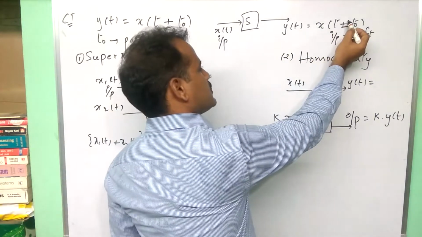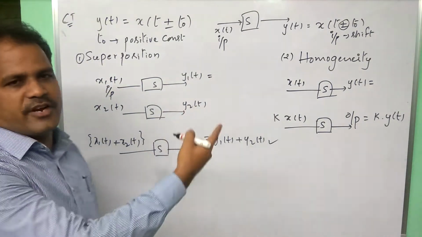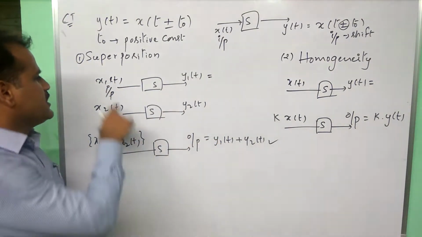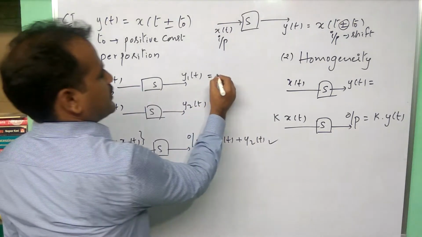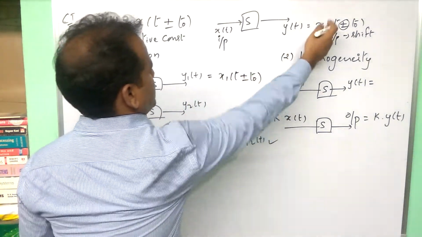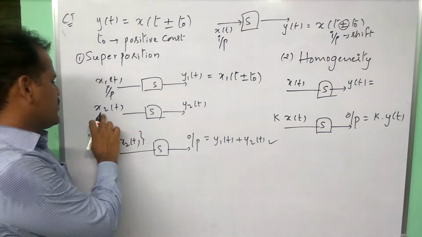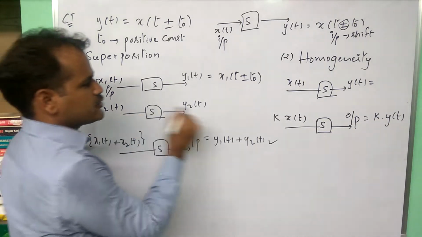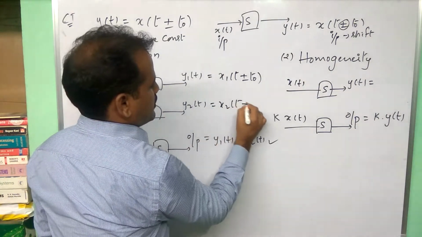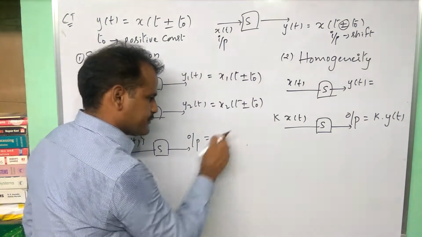I have considered both cases combinedly, just for numerical verification purposes. It is not a big deal for us. So the output for x1 of t is x1 of t plus or minus t naught. Similarly, the output y2 of t for the input x2 of t is x2 of t plus or minus t naught.